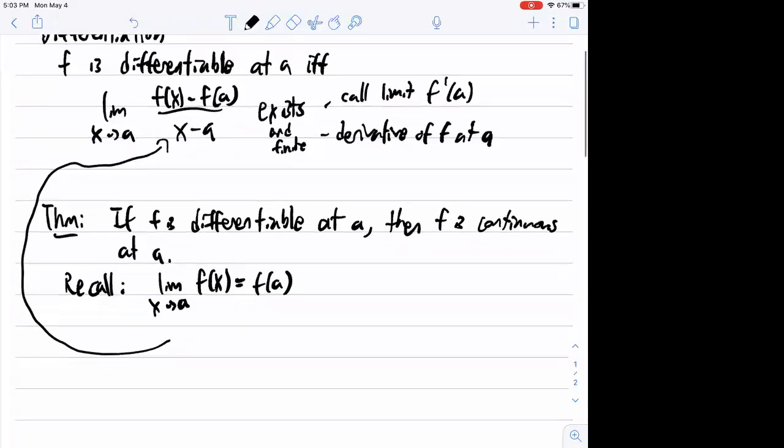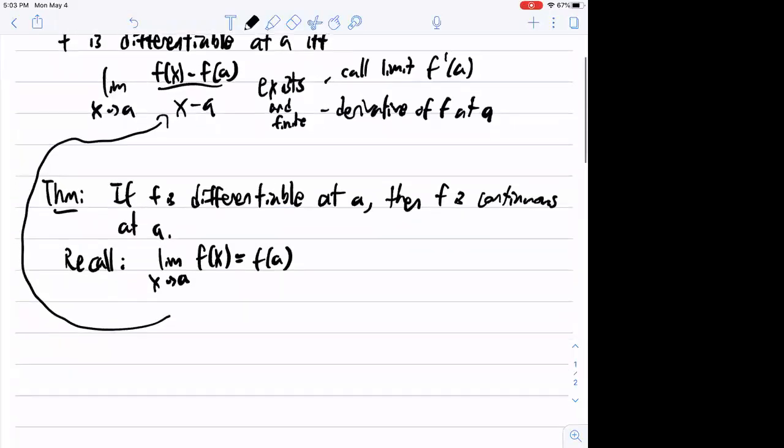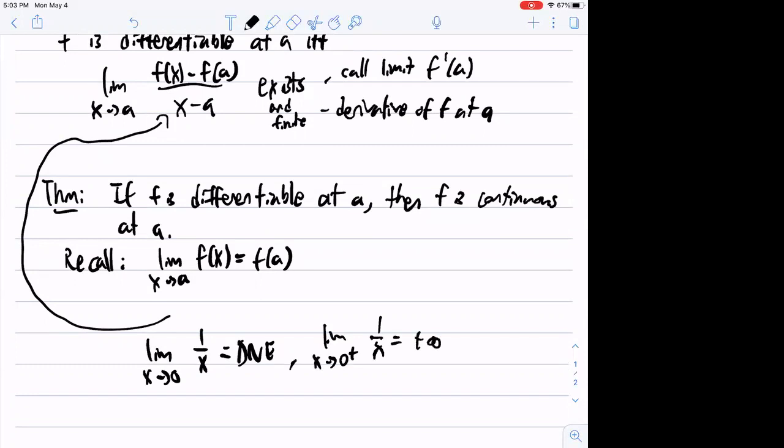Because if it doesn't go to 0, let's say our common example, like this, right? This doesn't exist, right? But the point is, if you go from the right, this is positive infinity, right? And if you go from the left, it's negative infinity, right? Because the bottom's 0, but the top is not 0. And you can see it sort of blows up, right? Because if the bottom's 0, and 0 just means a really small number, right?